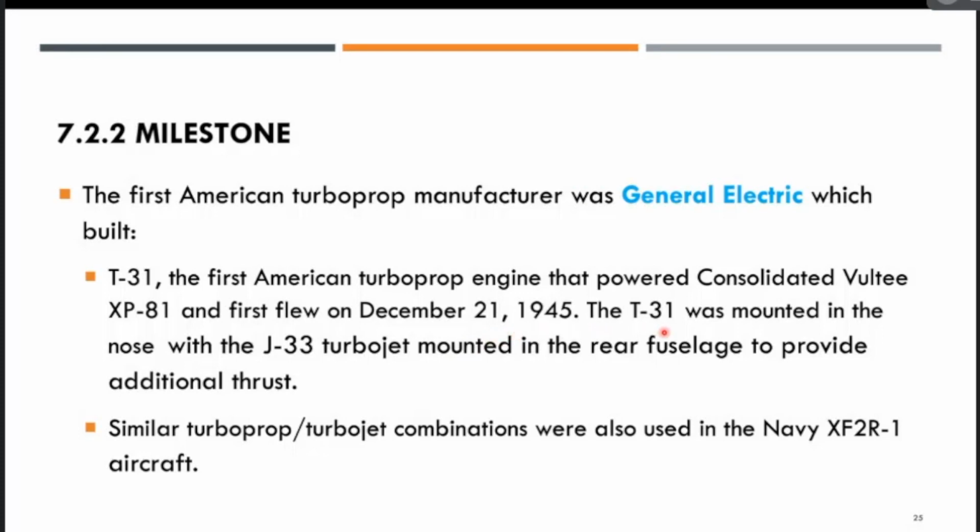This type of engine was mounted in the nose with the J33 turbojet mounted in the rear fuselage to provide additional thrust. Similar turboprop and turbojet combinations were also used in the Navy XF2R-1 type of aircraft.